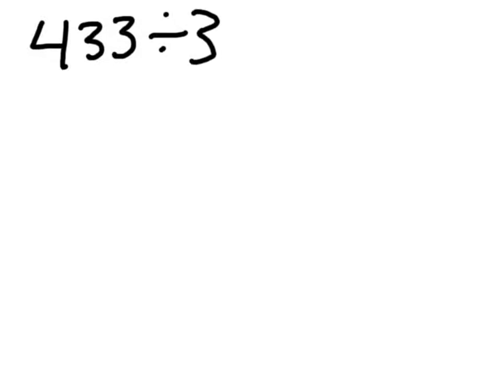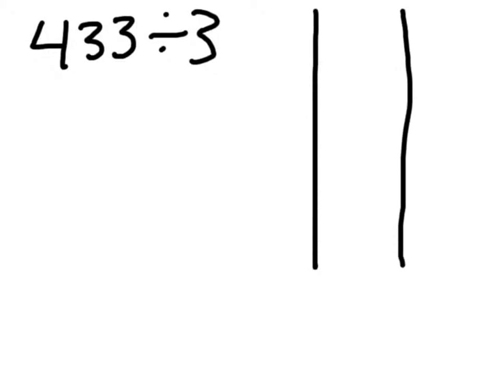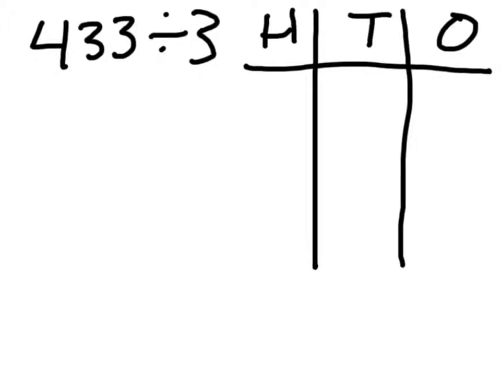This time we add the hundreds column to the place value chart to show the number 433 by drawing 4 dots in the hundreds column, 3 dots in the tens column, and 3 dots in the ones column. We draw lines to create 3 rows since we are dividing by 3.